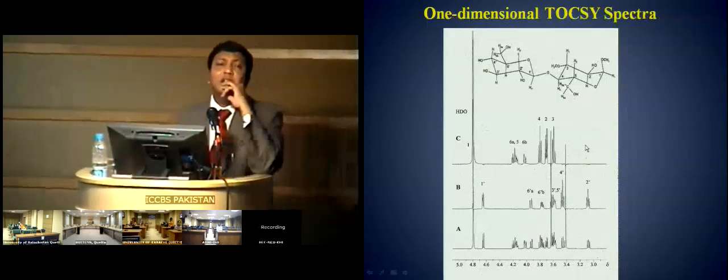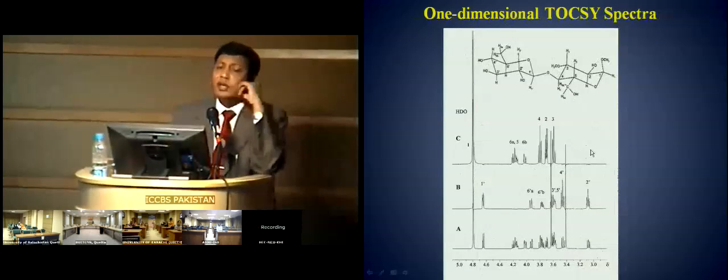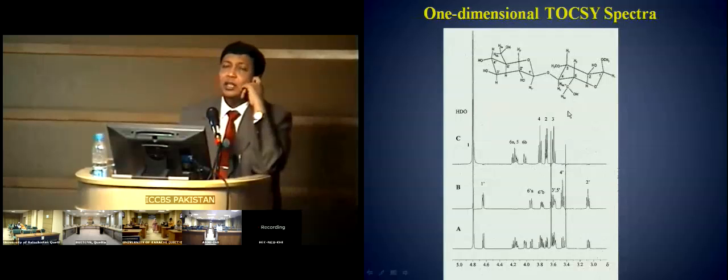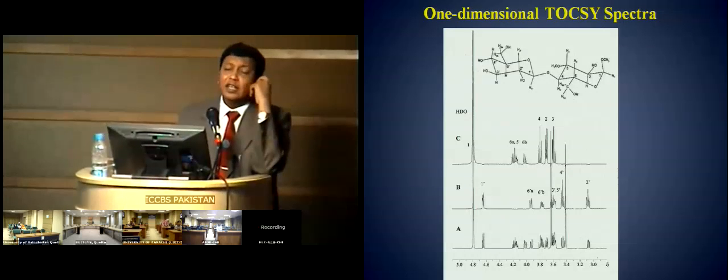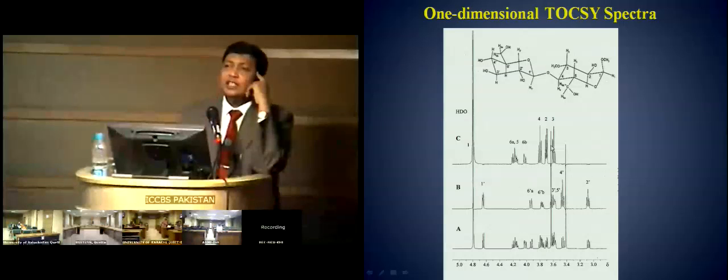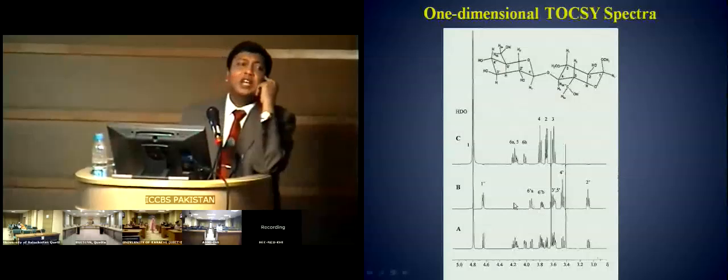Amazingly powerful technique. And remember, you can do that with 3 different mixing times, 4 different mixing times, 20, 40, 60 and 100. And every time, if you take these slices out of a 2D, you would see that more and more peaks will start appearing.